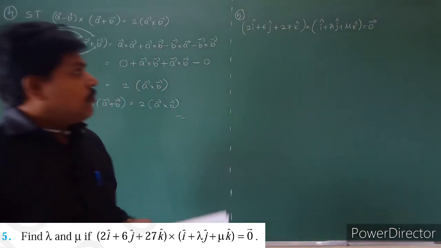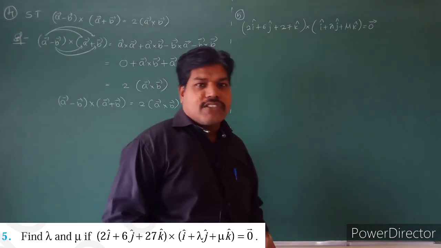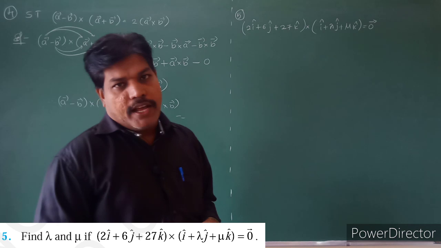So the cross product is a 0 vector. So they are asking what are the values of lambda and mu.